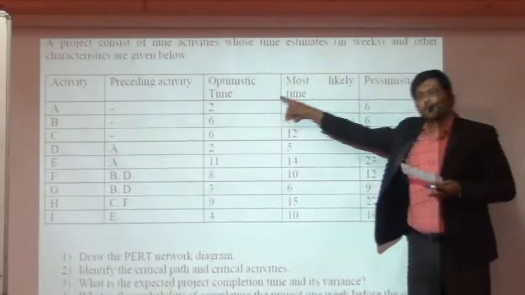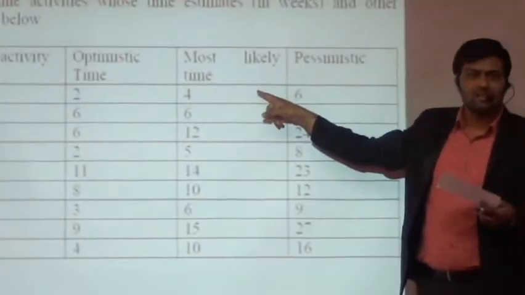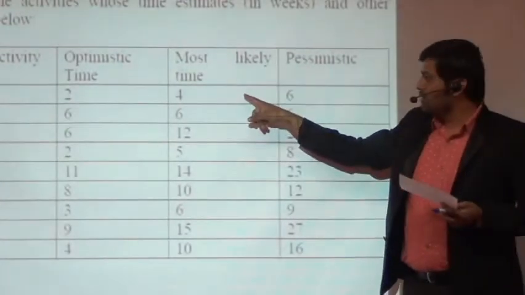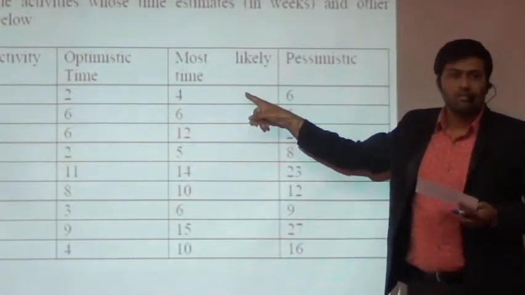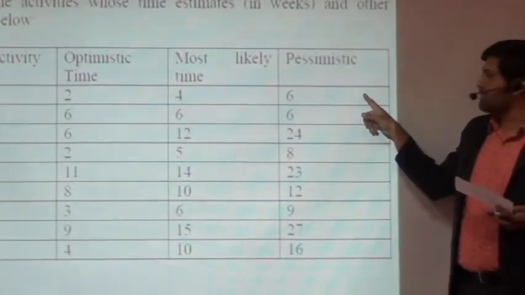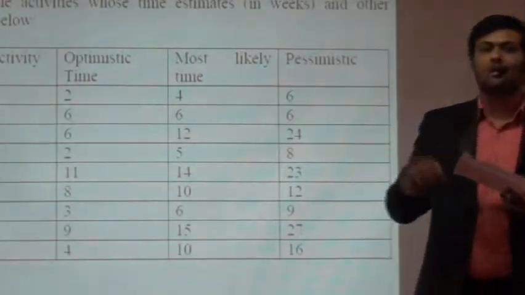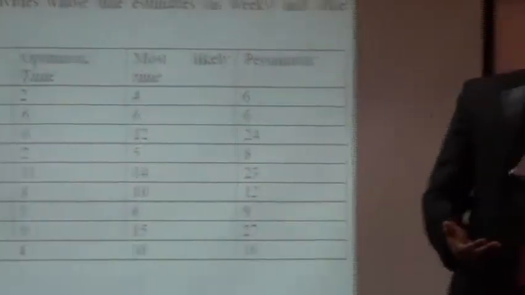But at the same time, it may be possible that due to some hurdles, due to some changes in the painting work, it may require 4 weeks. But the most time you require, sometimes it happens that you need to change the color, the machine is not working, or the person is not in good health.